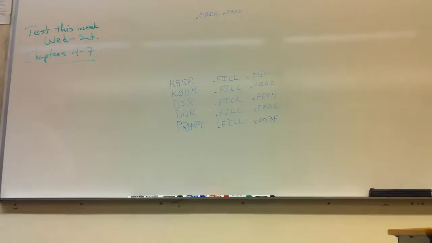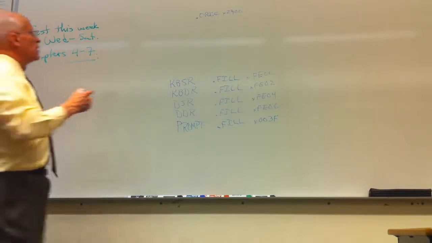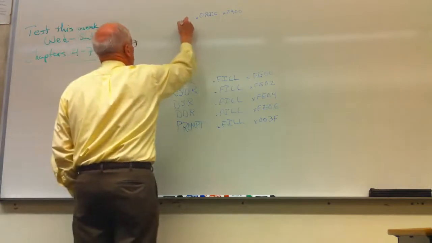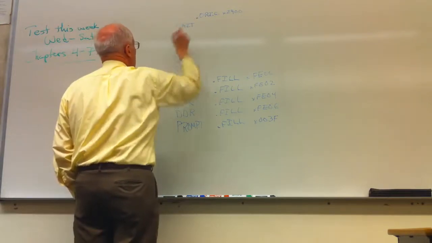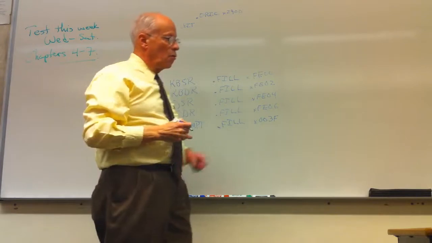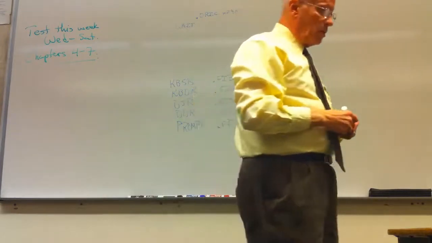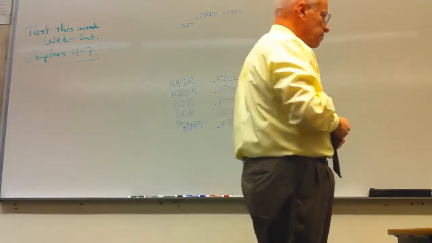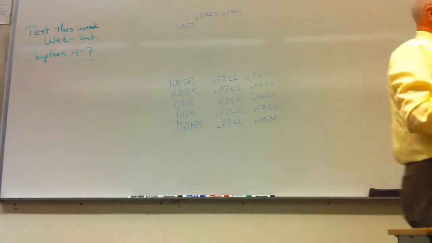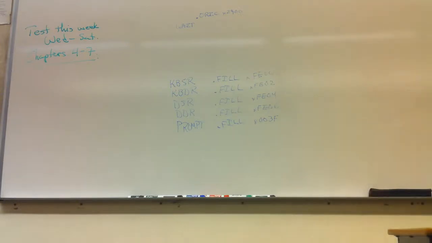Remember, the first thing you have to do is be sure that the display is not busy. So you set up this little wait loop here, where we're going to check that display status register.